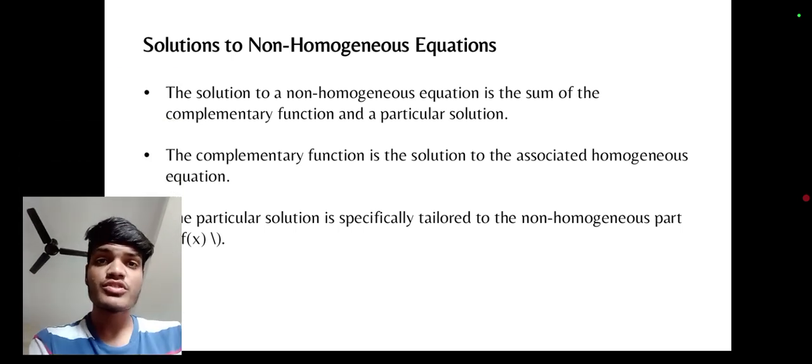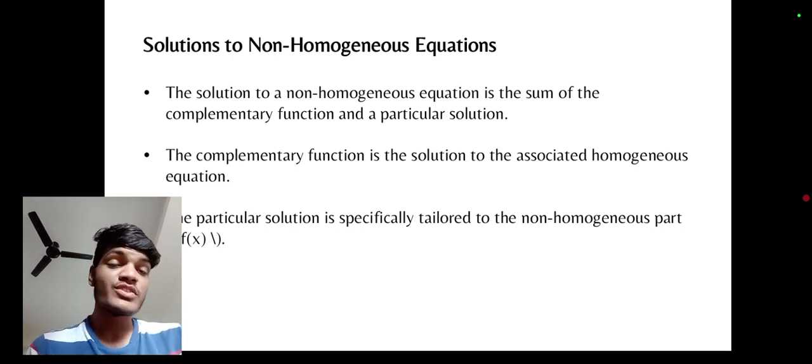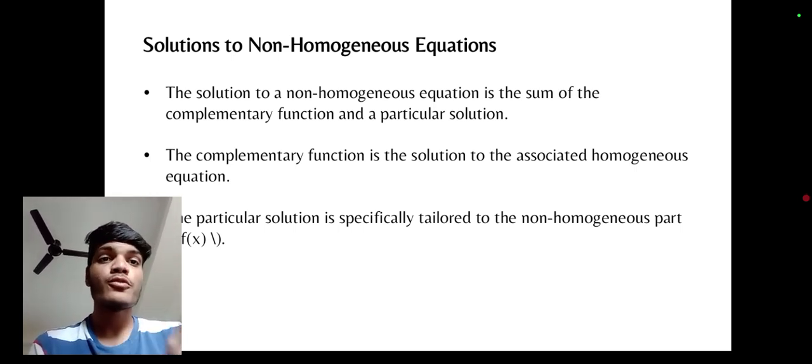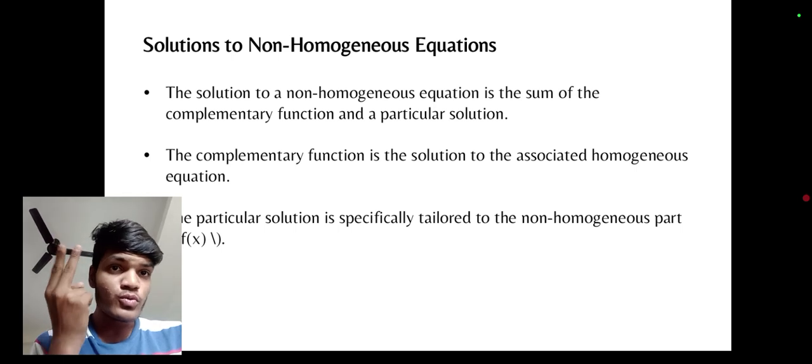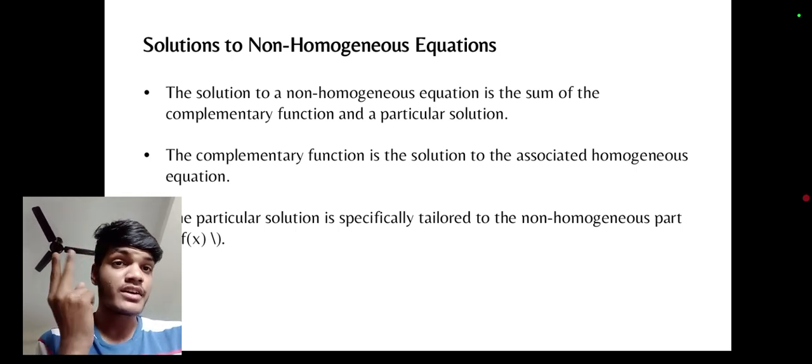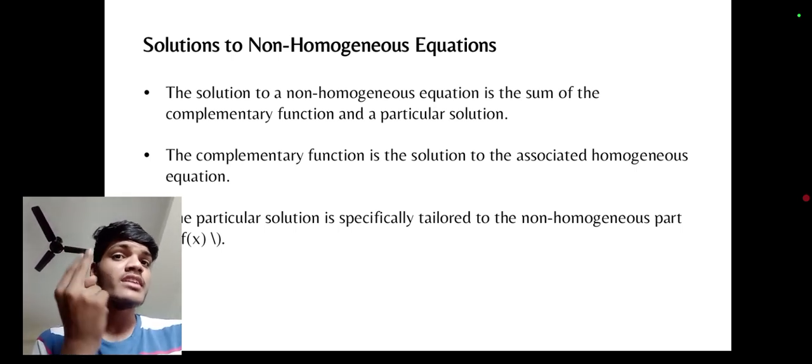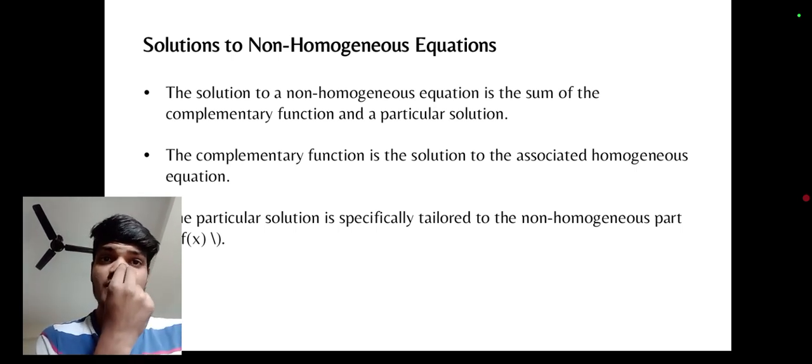Solutions to non-homogeneous equations. The solution to a non-homogeneous equation is the sum of the complementary function and a particular solution. Sum means adding the two. Here we are adding the complementary function and the particular solution, and then we get the solution to the non-homogeneous equation.